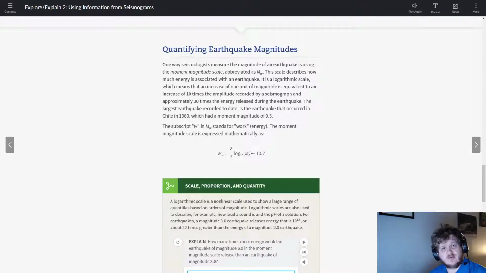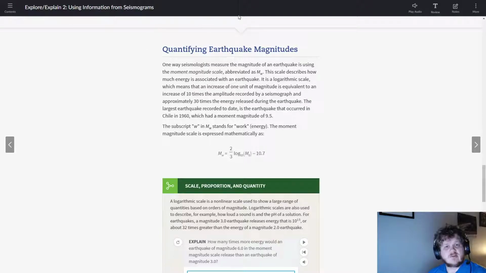A 2 is not twice as powerful. A 3.0 earthquake is not 3 times as powerful as a 1.0. It's about 300 times more powerful than a 1.0, and so on, where it doesn't scale linearly, it is multiplying upon itself.